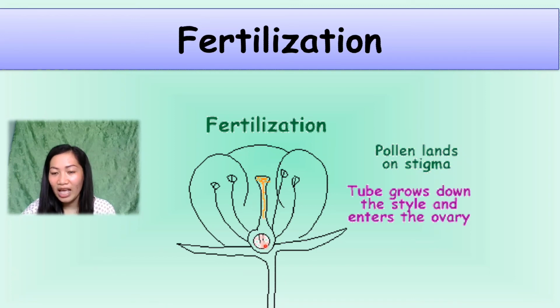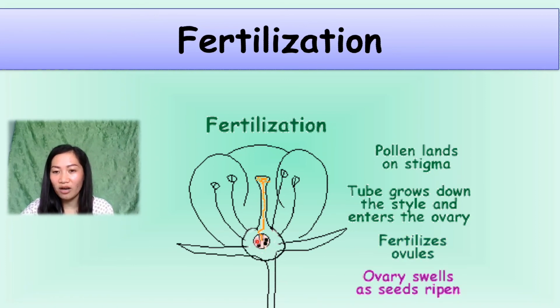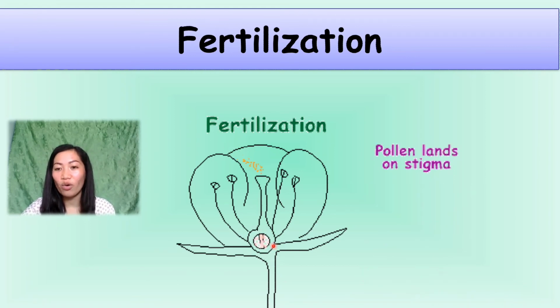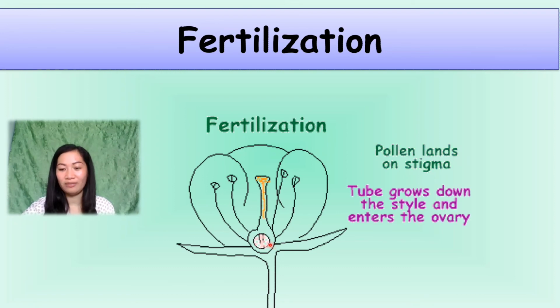Meaning the male will fertilize the ovule. So when the ovary swells, it will become bigger, and it will become a fruit, a fruit or a seed. So that is fertilization.